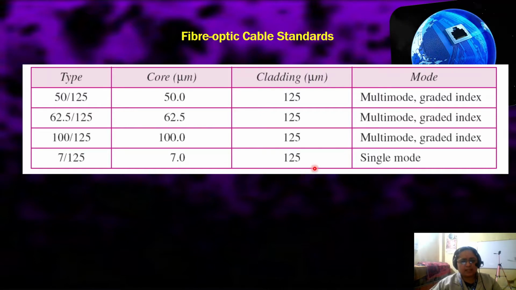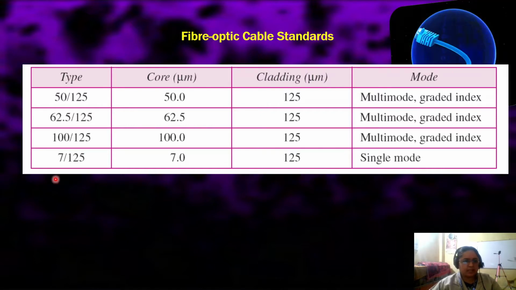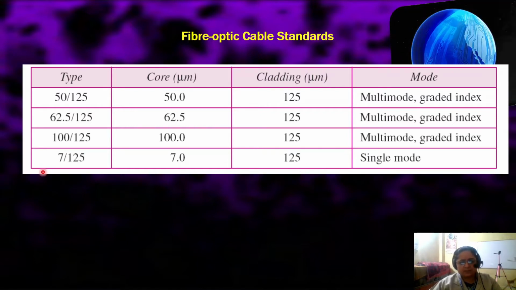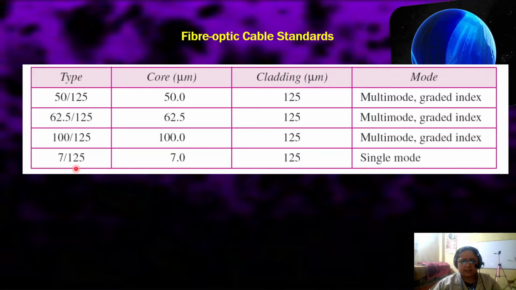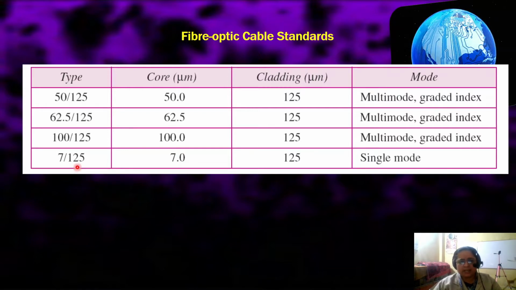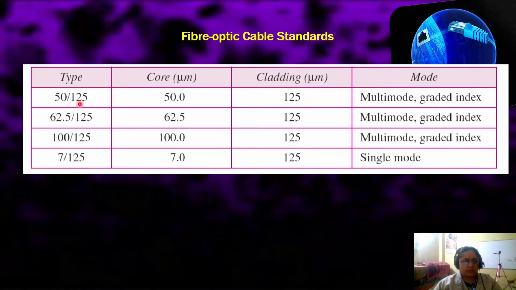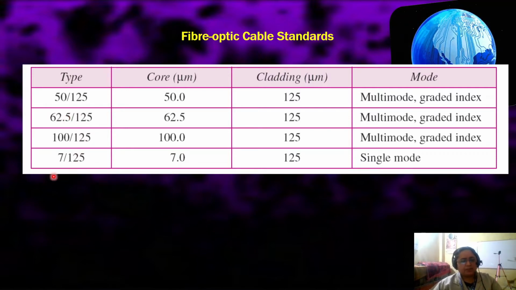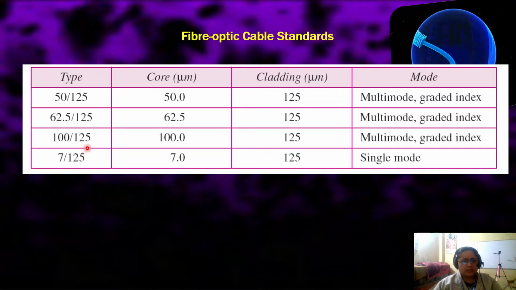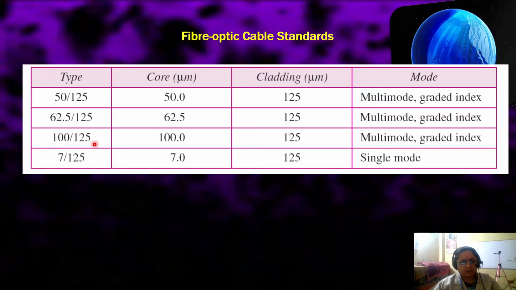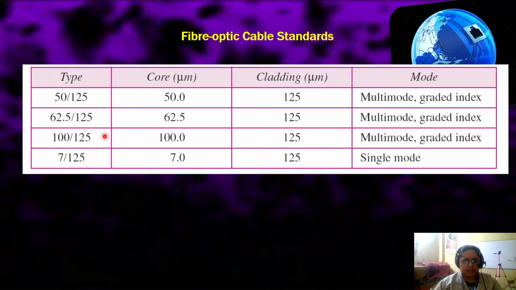So this is the best medium, and it is available in this type, that is 7 by 125, where the first value refers to the core diameter, and the second value refers to the cladding diameter. So this is how these standard cables are available in the market. If you want to purchase any of these cables, you just have to speak out these types. You have to tell which type you want, and you will get that type.